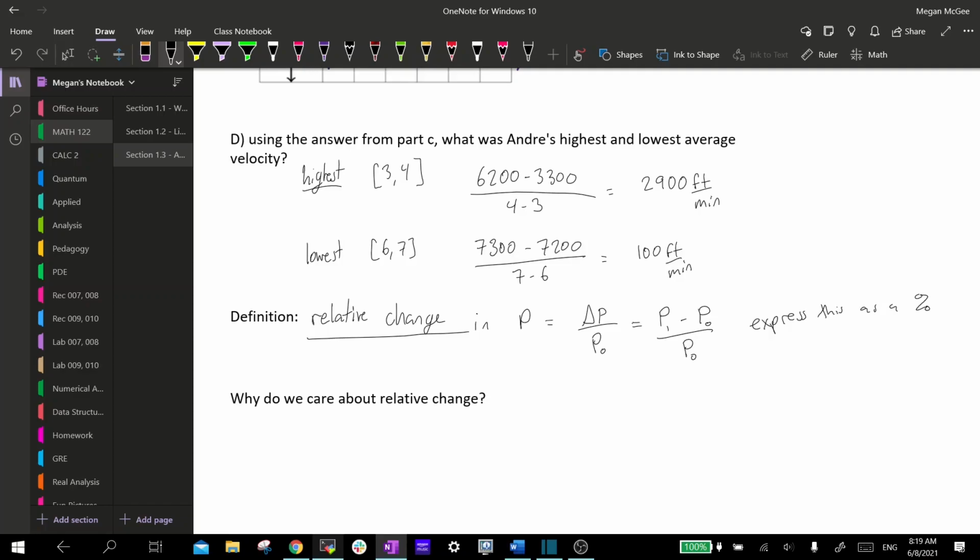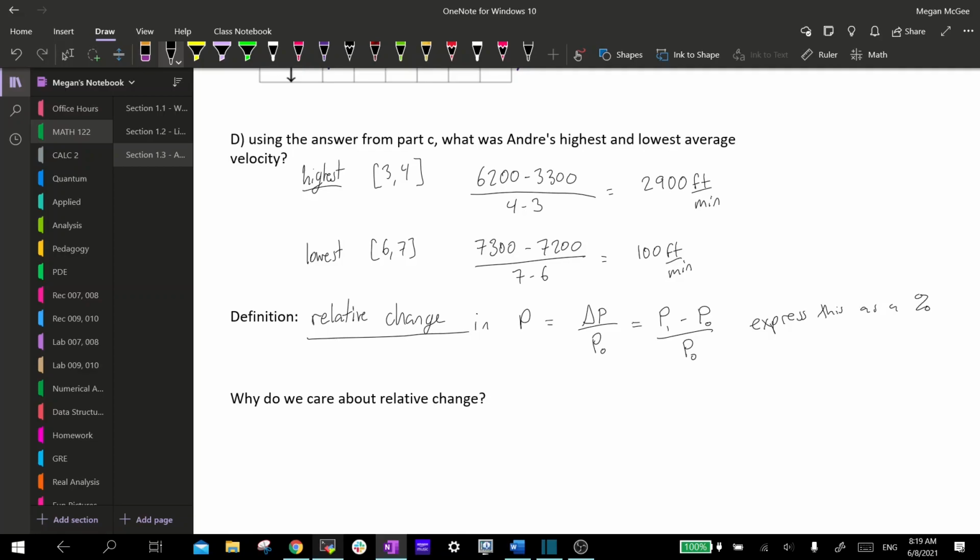So if it increases by 1,000 people, it's not a very significant increase. But if there's a small town with maybe about 1,000 people and its population increases by 1,000, then that population has now doubled in size, which is very significant.